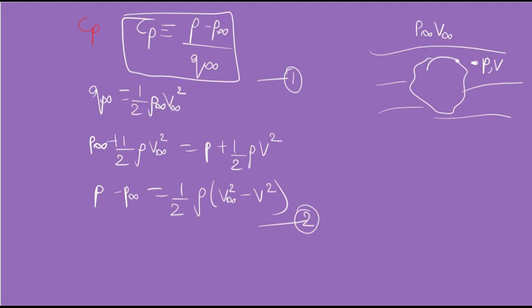Now, what if I substitute this equation 2 in equation 1? What happens to Cp? Let us have a look. So here we have half rho times V infinity square minus V square, divided by the dynamic pressure, which is half rho V infinity square. Correct? Now here I am saying that my flow is incompressible.